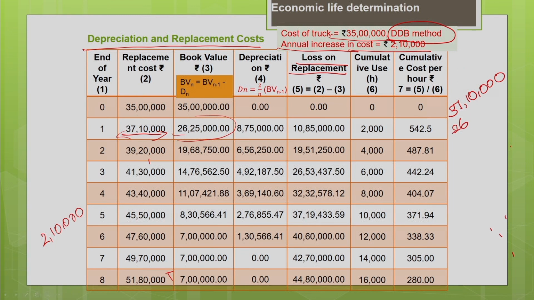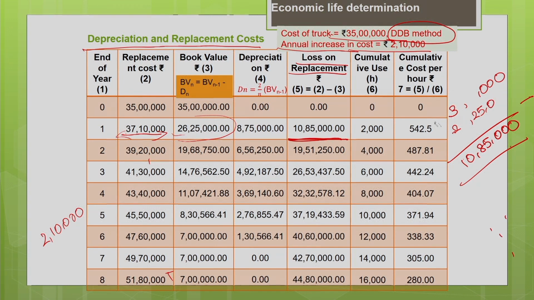So, the difference, 37 lakh 10,000 minus 26 lakh 25,000, is your loss. Loss is nothing but 10 lakh 85,000. This is your loss on replacement if I replace a machine at the end of first year.